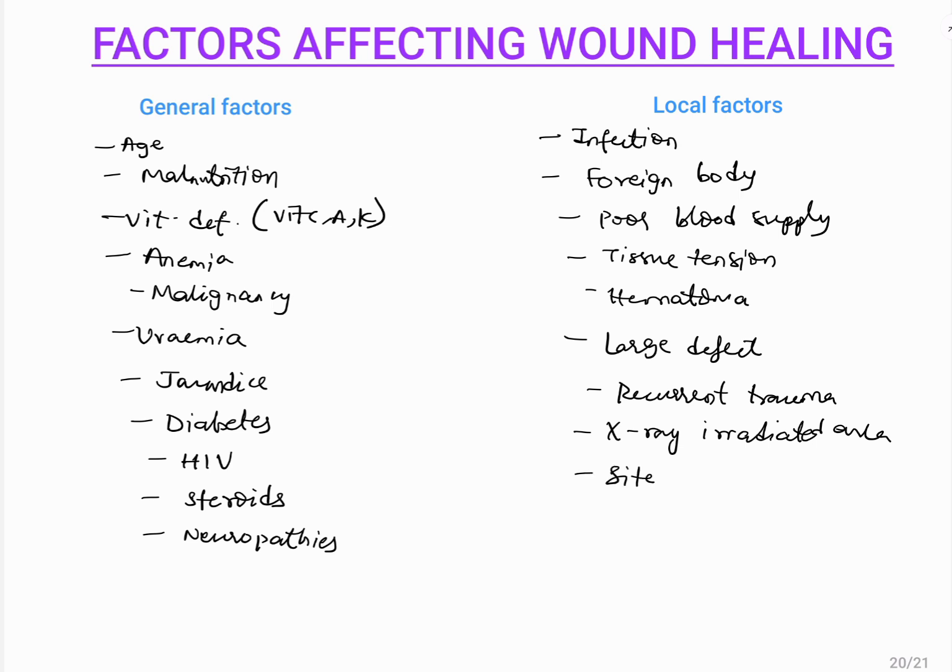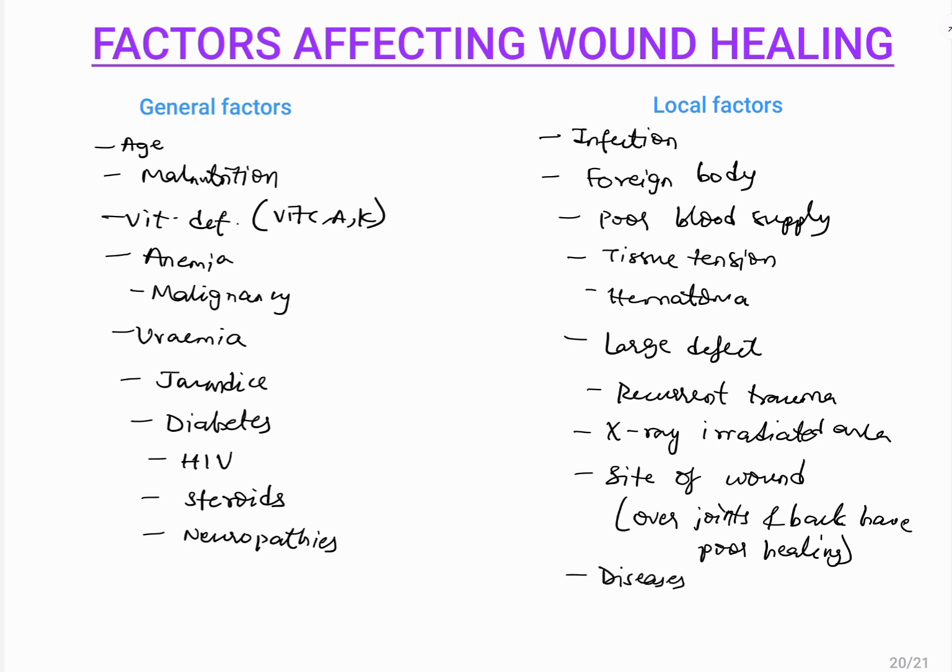Under local factors, the site of wound has a major role because, for example, wounds which occur over joints and back have a poor healing process. The other local factors are like diseases and type of wound.